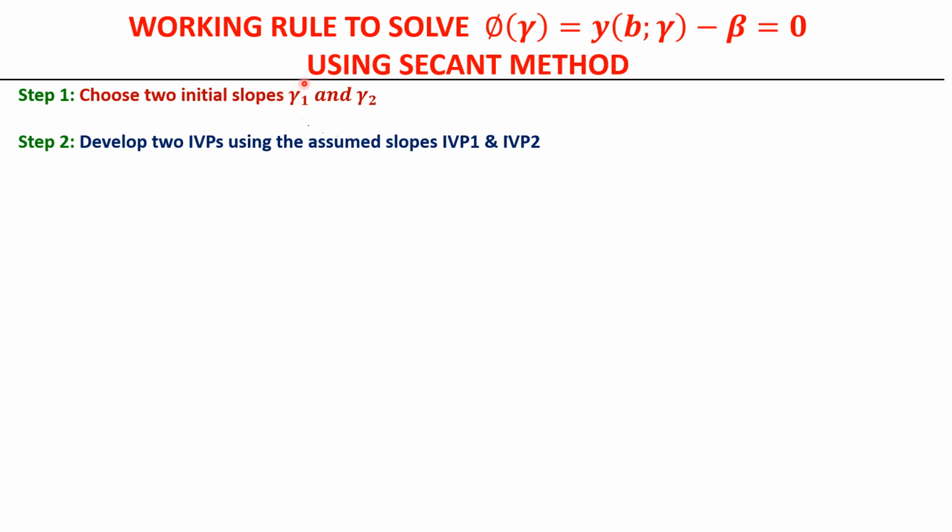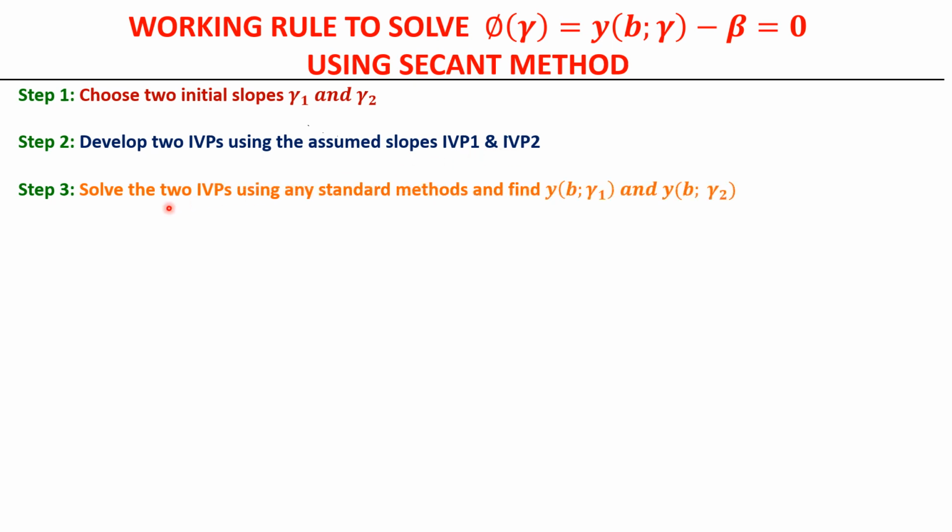By taking the first slope gamma 1, I develop the first IVP, which I call IVP1, and choosing the second slope gamma 2, I call it IVP2. Then I need to solve the two IVPs using any standard methods.